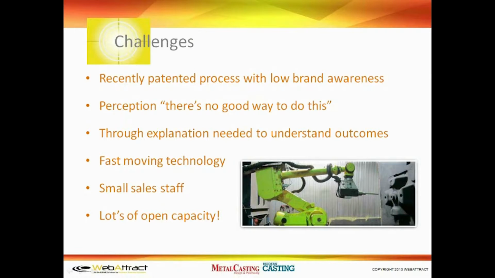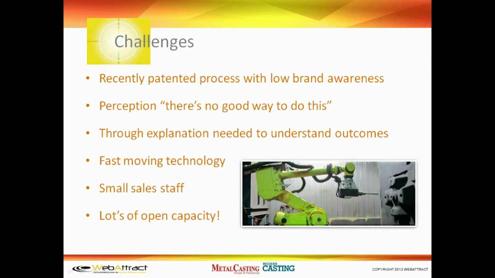Very few people knew about this. The vast majority of people felt that there wasn't even a real good way to do this, so they were really starting from ground zero out in the marketplace. It is a complex process, and as with many metal casting processes, when you're starting from the ground up, it requires a thorough explanation.